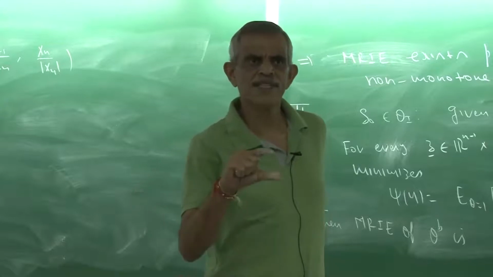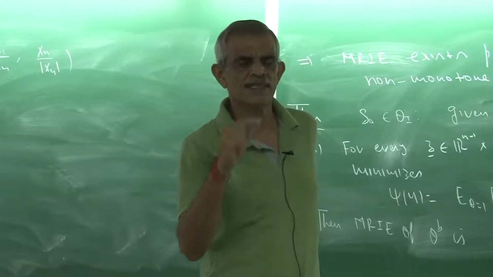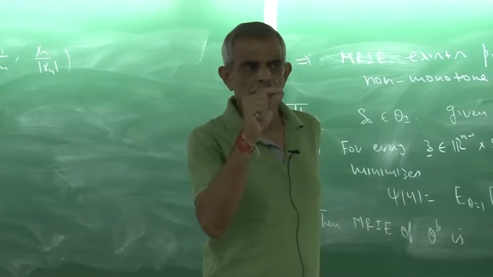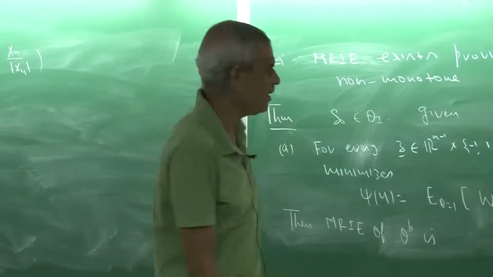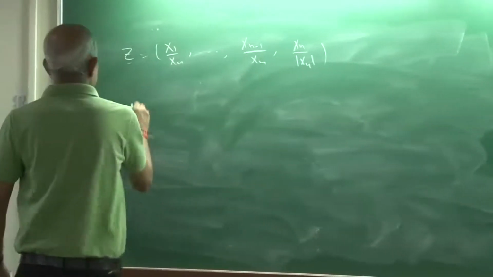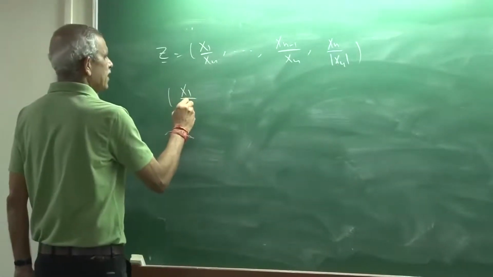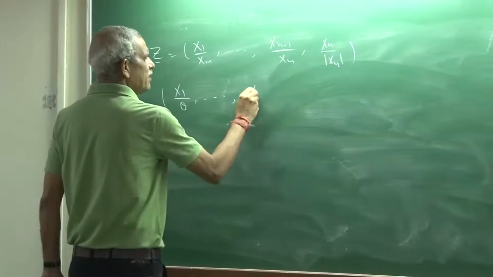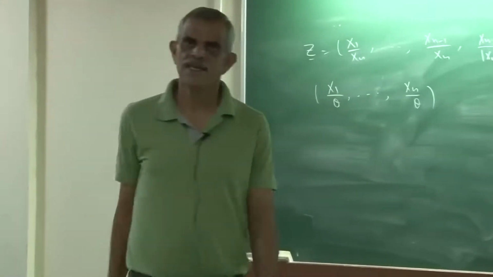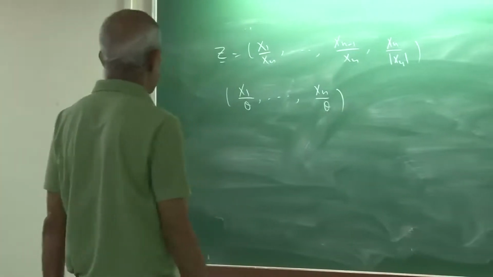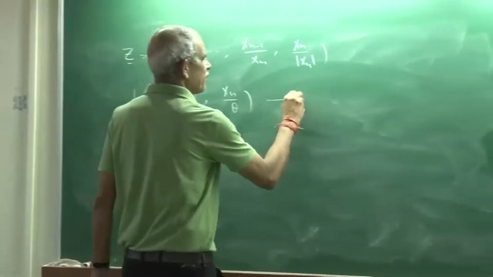So that means if I apply the transformation with C as 1 by theta, so that means x1 by theta, x2 by theta, and xn by theta. If I look at x1 by theta, xn by theta, I am in the same family except that my theta gets converted into theta is equal to 1.